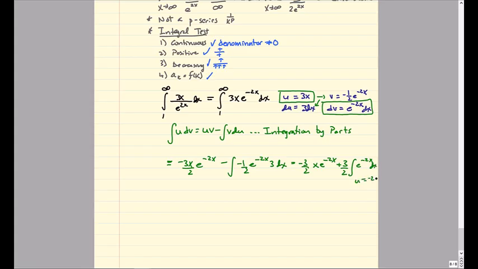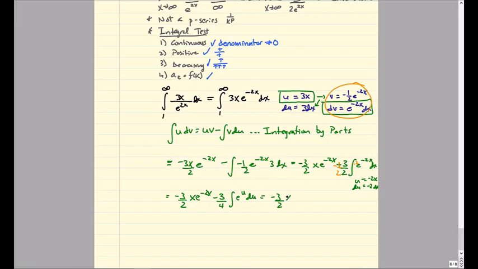So u is negative 2x, du is a negative 2 dx. In fact, I just integrated it up above when I did this integral right here. So I'm going to multiply by -2 on the inside, compensate with a -1/2 on the outside. And it looks like I will have -3/2 x e to the -2x minus 3/4 integral e to the u du.